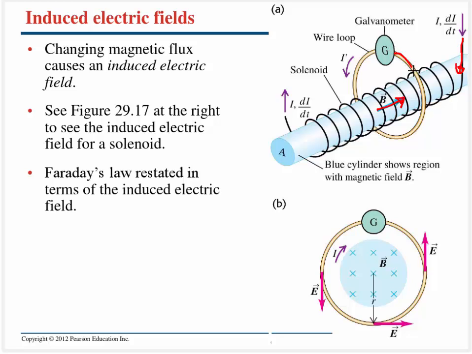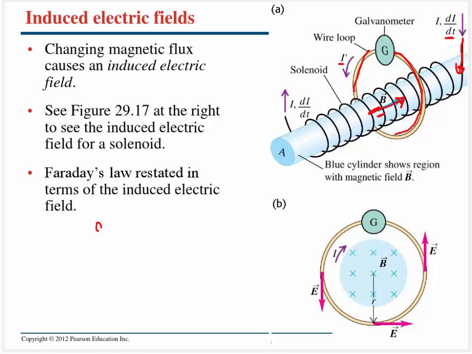We insert this solenoid into a larger wire loop, and as long as that current is constant, this magnetic field is going to be constant, and we're going to have no induced current on this outermost wire loop. However, as soon as we start to change that current, we have a changing current with time, then we're going to have a changing magnetic field. That's going to induce a current on this outermost wire loop.